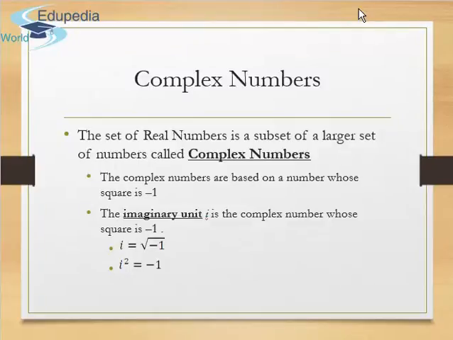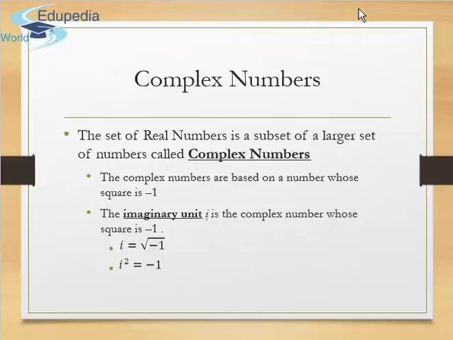Then you can write it as i squared multiplied by 5 squared, and break it down to find the complex number. The square root of i squared gives you i, and the square root of 25 gives you 5. Of course, I'll show you in a couple of slides how we are going to do that.